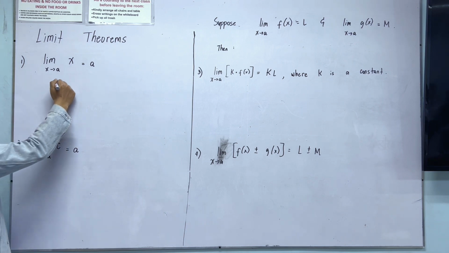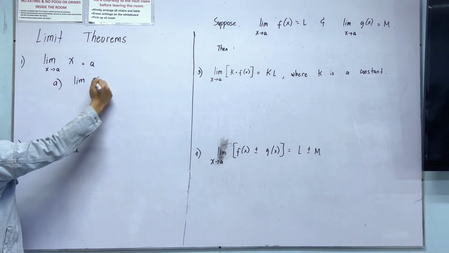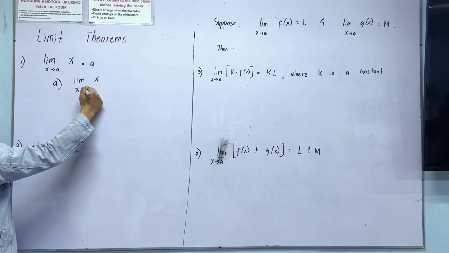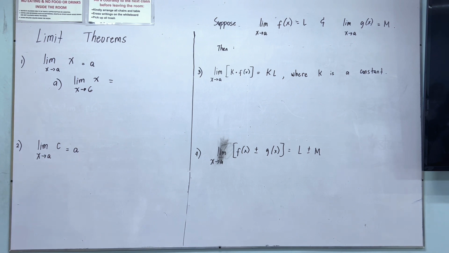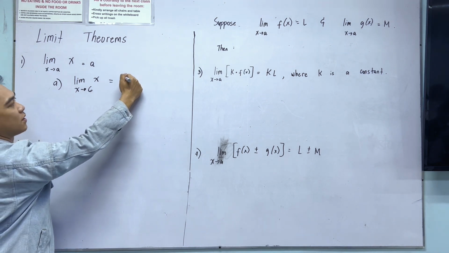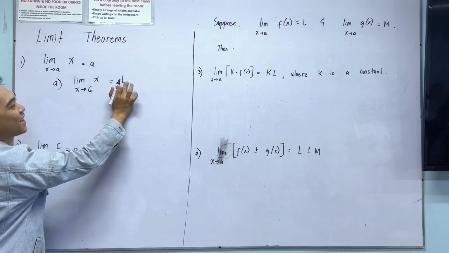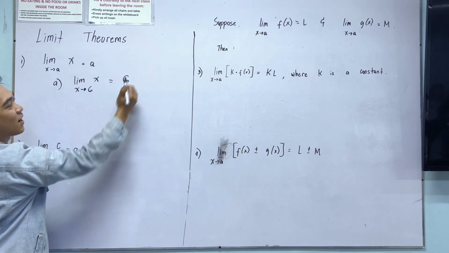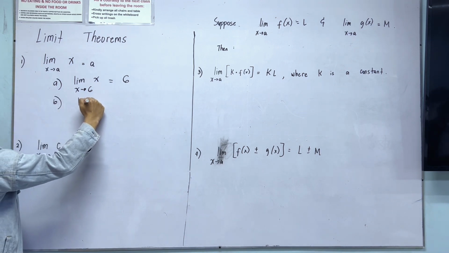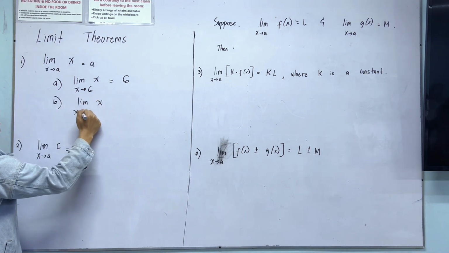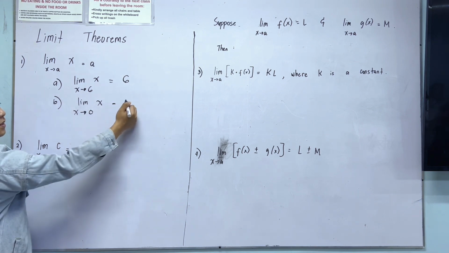Alternative example, if we have the limit of x as x approaches 6, what will be the limit? 6. Limit of x as x approaches 0: 0.